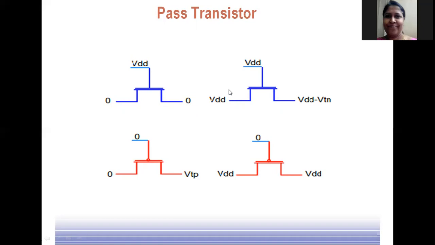If we apply logic high voltage at the input, the same logic high voltage will appear at the output. Electrically, the value of that logic high voltage now is VDD minus the voltage drop between gate and source, that is the threshold voltage. So VDD minus threshold voltage will be the voltage that appears at the other terminal.